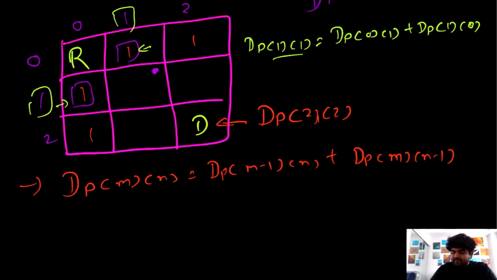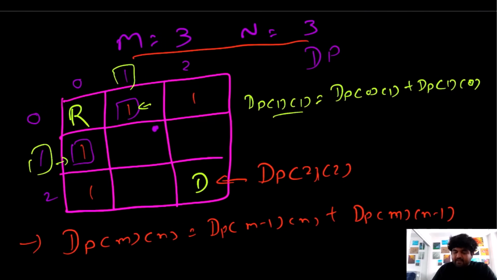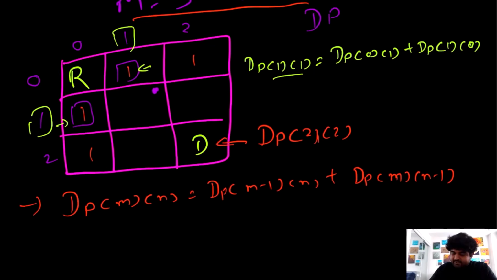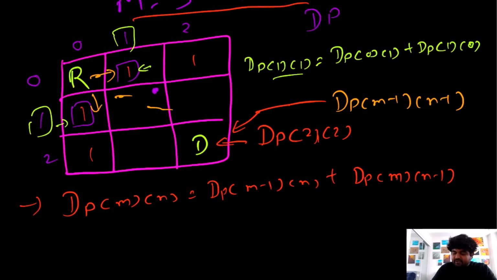If we compare it with whatever M and N is given, this actually becomes the value over here. This would become DP of M minus 1, N minus 1. So we start our calculation like this, and eventually we would reach this point, and we just need to return whatever we have found over here, and this would be our solution.